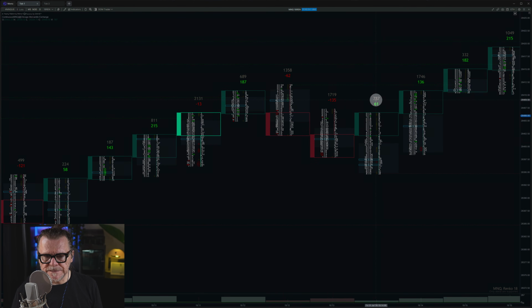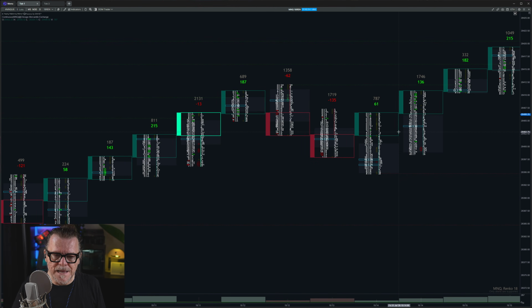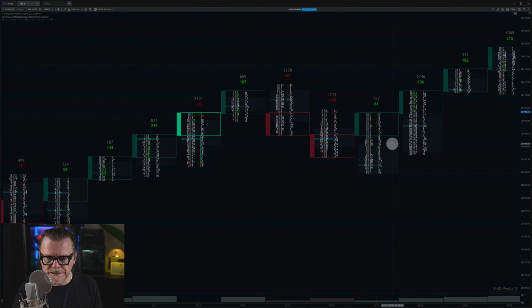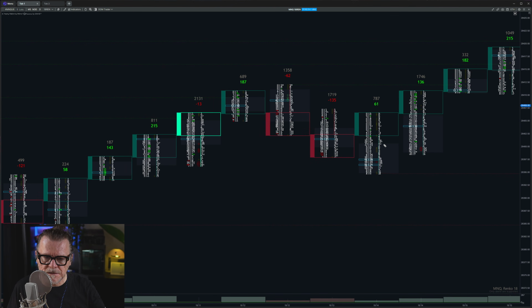Then I was paying attention to the volume at the candle as well as the delta of the candle. I was paying attention to the value area of the candle. These are these areas, you know. I was paying attention to where the candle closed, because obviously closing outside the value area is better than closing inside the value area.